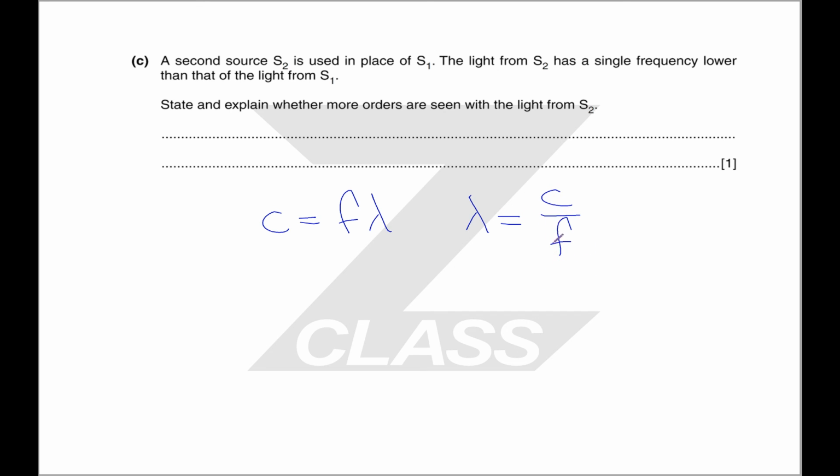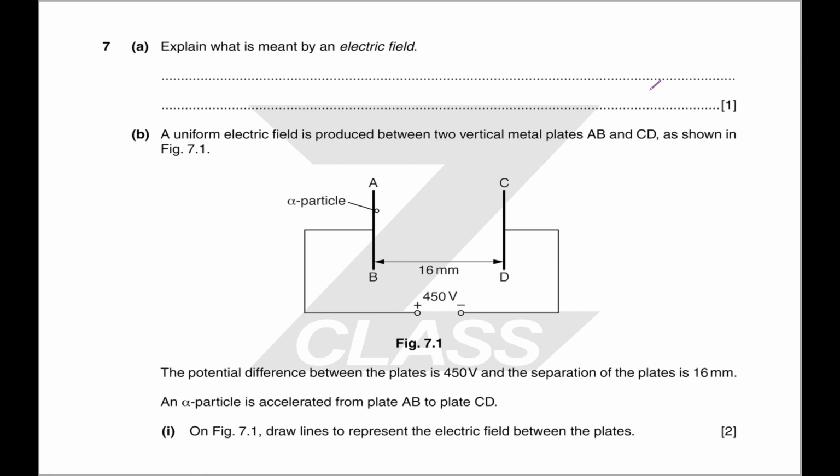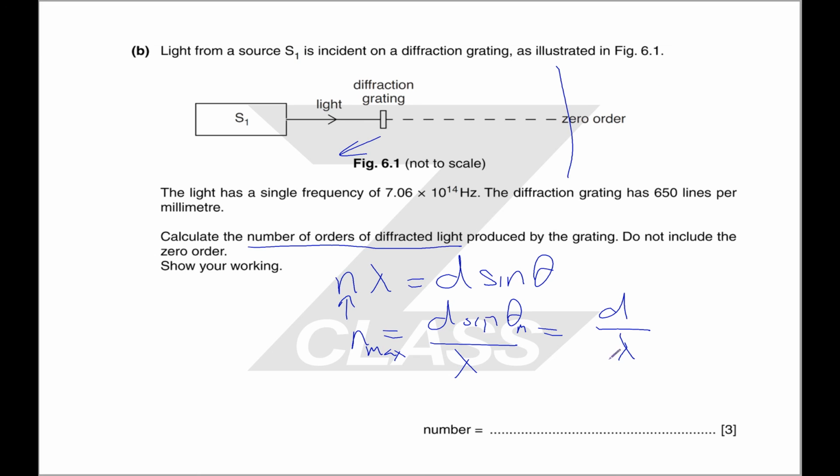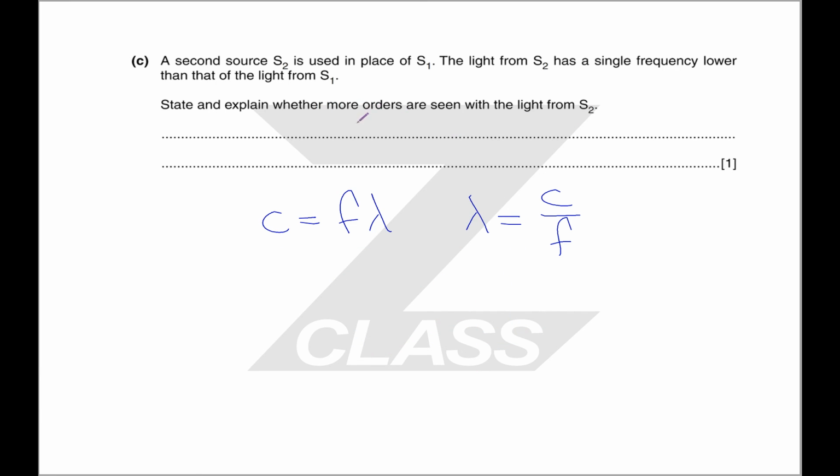The larger our frequency, the smaller our wavelength. In this case, if we have a lower frequency, we will have a larger wavelength. If our wavelength is larger, our n max is going to get smaller. So we will not see more orders, we will see less.